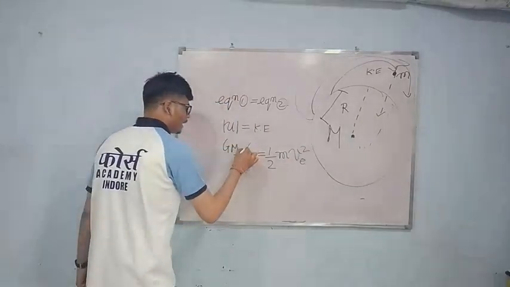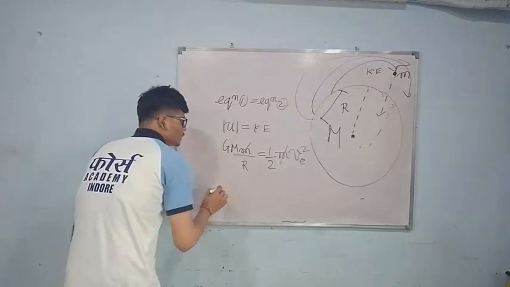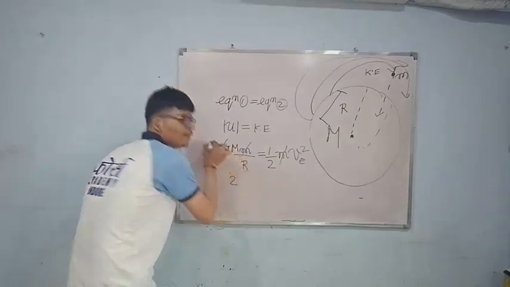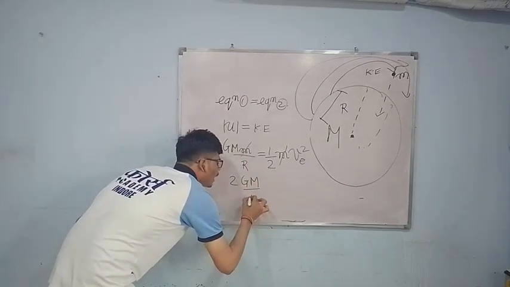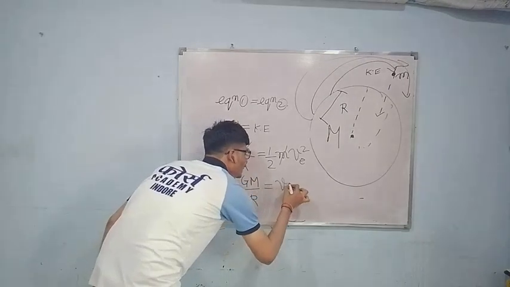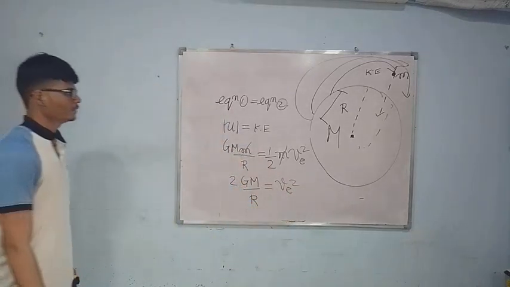On equating, m will be cancelled out, and this 2 will come to the other side. So 2GM by R is equal to Ve square.